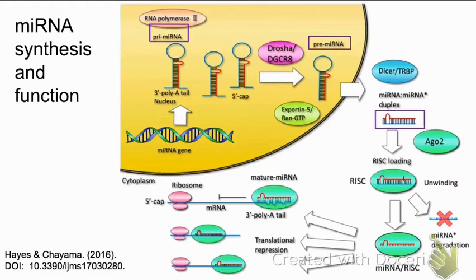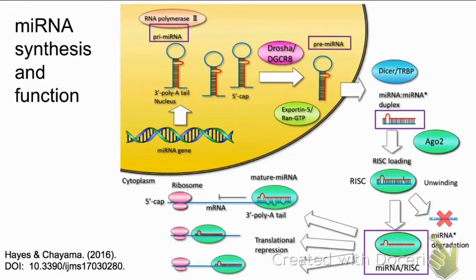This is exported from the nucleus and then cut again by an enzyme known as dicer into a microRNA duplex. One of the 2 strands in this microRNA duplex will become the mature microRNA, and it will associate with an enzyme complex known as RISC, or RNA-induced silencing complex.